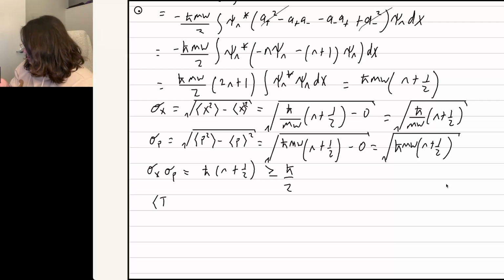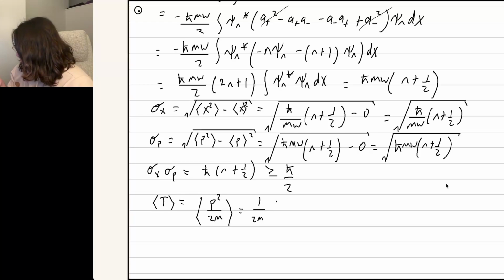We can also calculate the expectation value of kinetic energy, but using Ehrenfest's theorem, it's literally just the expectation value of p squared over 2m. m isn't going to change, so it's going to be 1 over 2m times the expectation value of p squared.